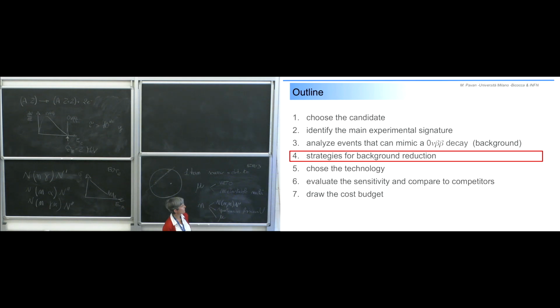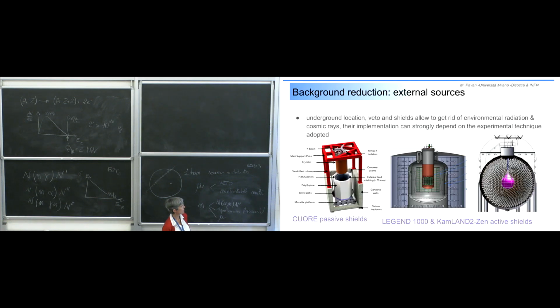In connection with this, let me give you a bit of information on background reduction. These are 3 different implementations of double beta decay experiments. This is Cuore, I've already shown you. This is the cryostat. This is the system of shields, lead and polyethylene.